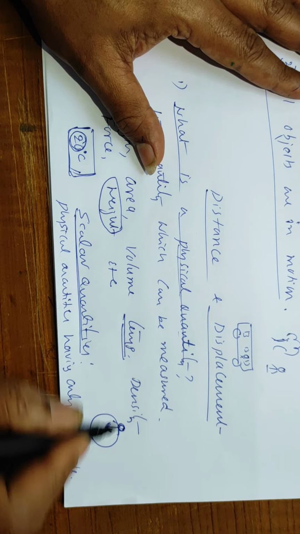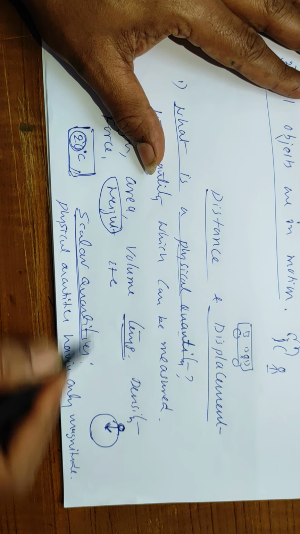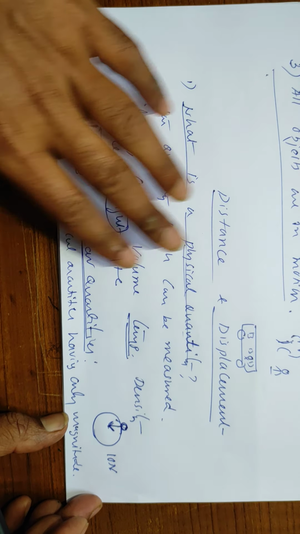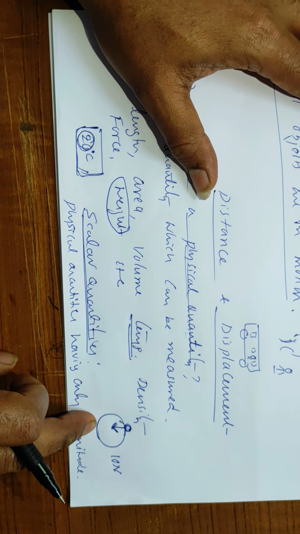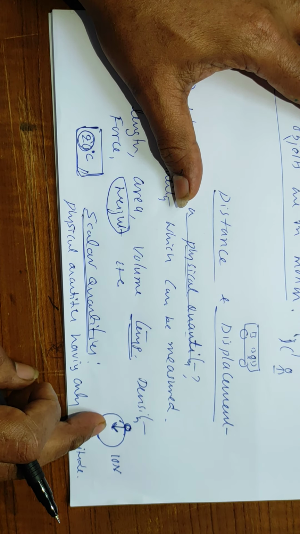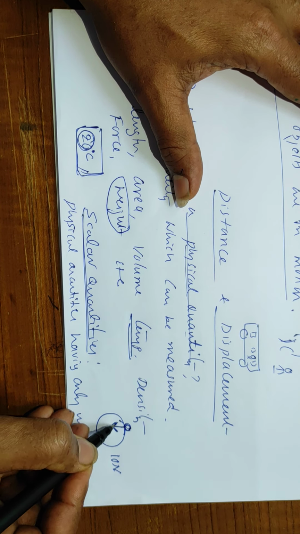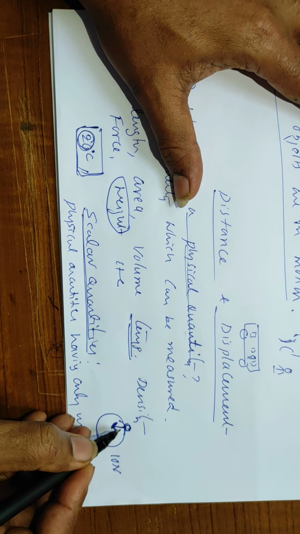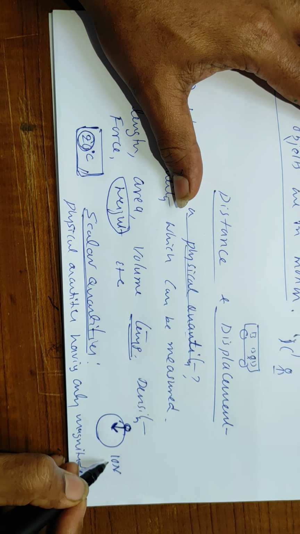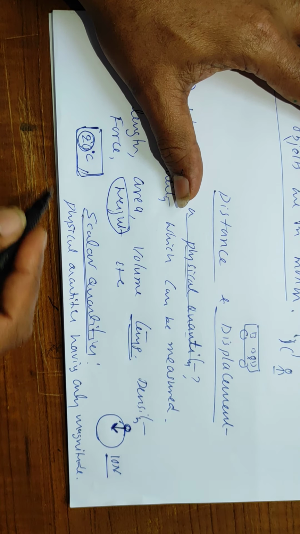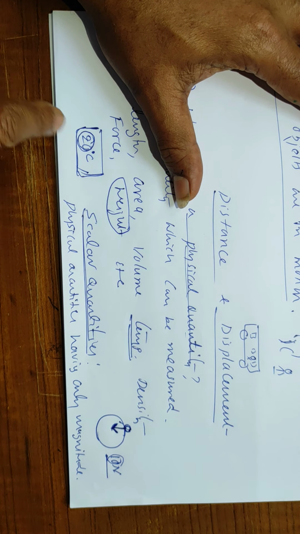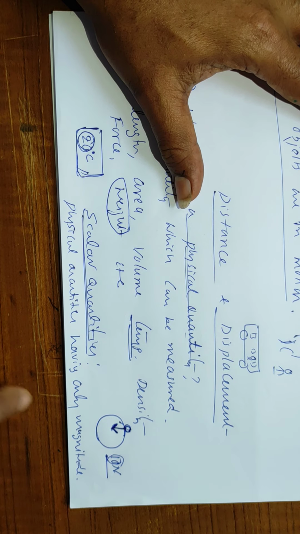Once again, it is indicated by a number. Let it be 10 Newton. And we can mention the direction also. The object is being pulled towards the center of the earth along a straight line. So certain physical quantities have both magnitude and direction.